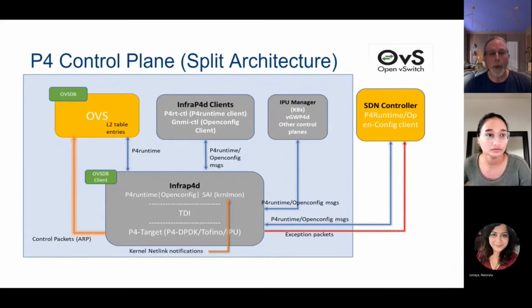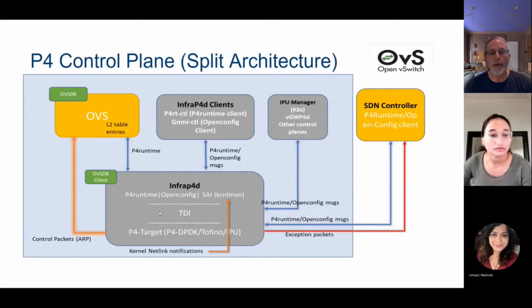It includes Stratum, which provides P4 Runtime and OpenConfig support; the kernel monitor, which listens for notifications from the Linux kernel when there are changes in the system's networking configuration; TDI, which is a target-neutral interface layer; and then the P4 target, which is the driver for the P4-enabled soft switch or hardware device that underlies the stack.